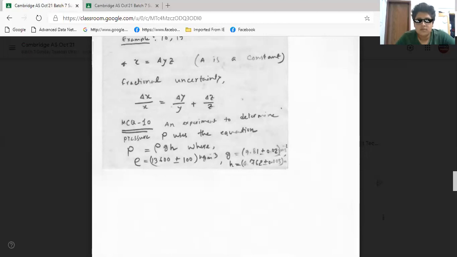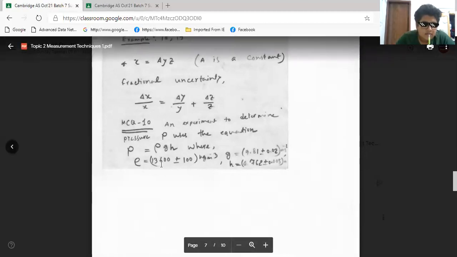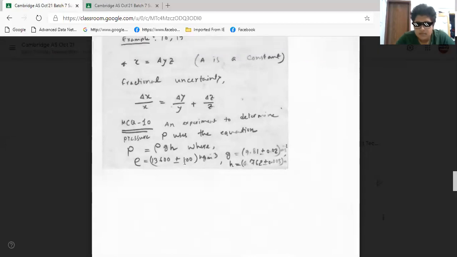Is it clear? So h is 0.762 plus minus 0.005. So this way we are getting the measured value and uncertainty in each of the quantities: for density, for g, and also for h, all of them, right?